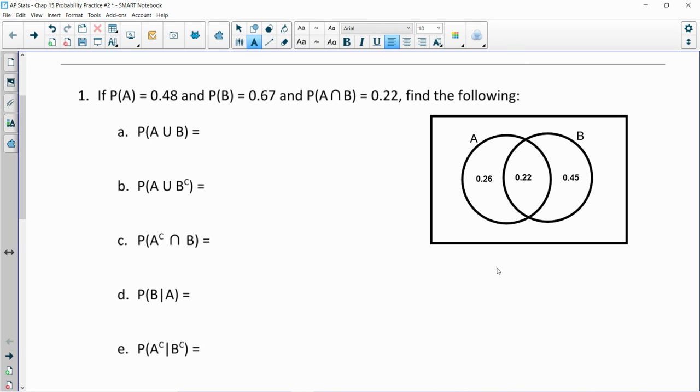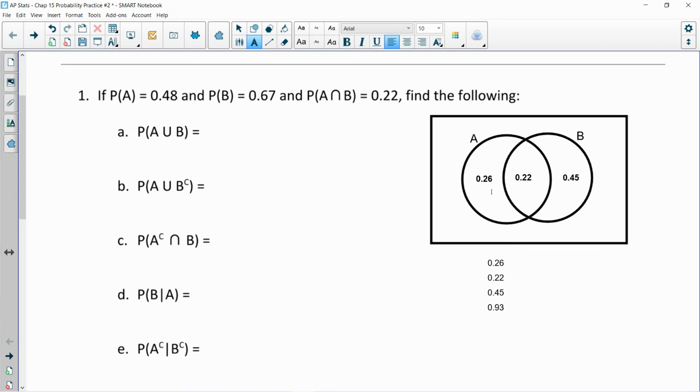So if we were to take our values 0.26, 0.22, 0.45, and then add them all together, we want to make sure we've got that total. And if it doesn't reach 1, which is 100%, whatever is missing to get us to 1, that's our floating value out here. As a matter of fact, when we add these together, we get 0.93.